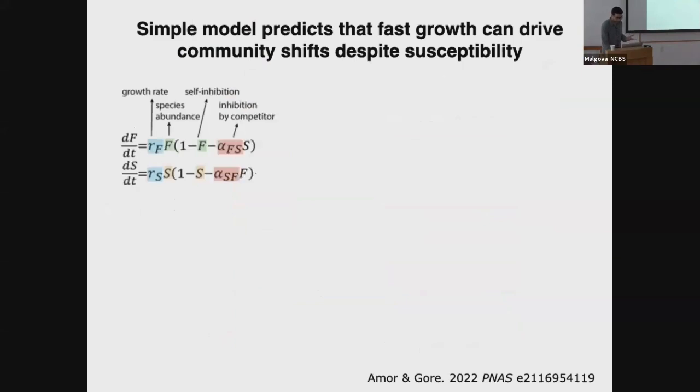To understand these kinds of transitions, we used a modification of the Lotka-Volterra model. Here, these alphas are the BIJs that we were talking about before. We modified the model to take into account the experimental conditions.